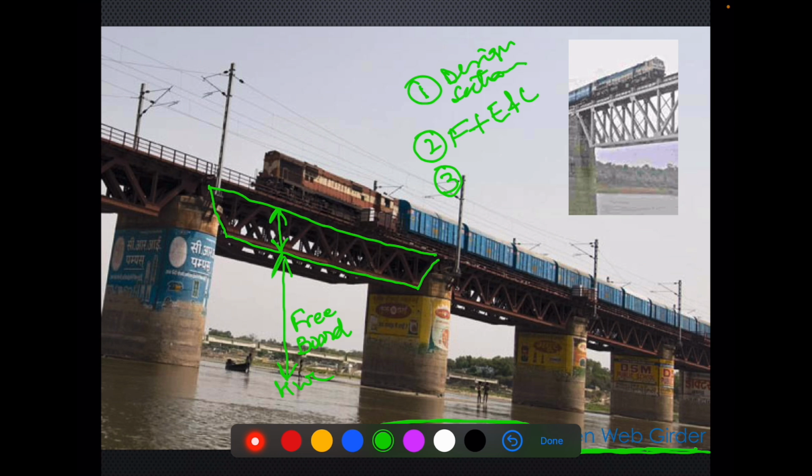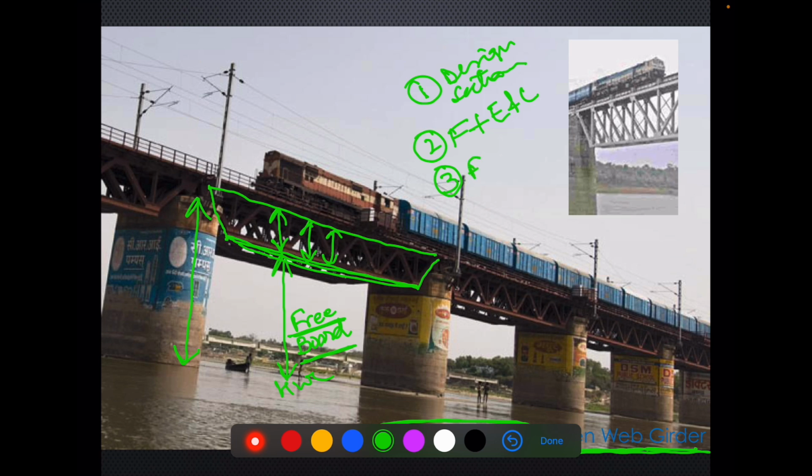So naturally we have to make longer piers when it comes to planning with underslung type girders. This makes our bridges a bit uneconomical in the sense that we have to provide longer piers, piers having more height just to accommodate this depth of girder, because from the bottom of the girder we have to provide the mandatory requirement of freeboard.